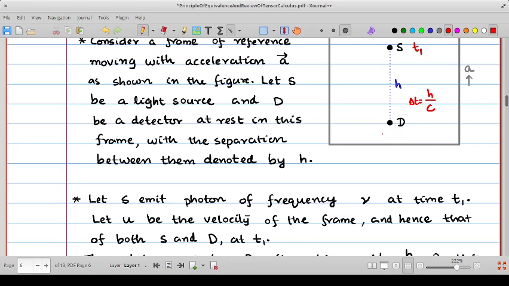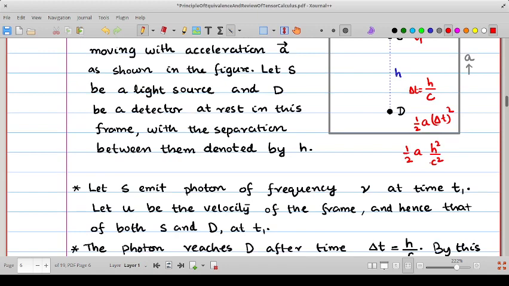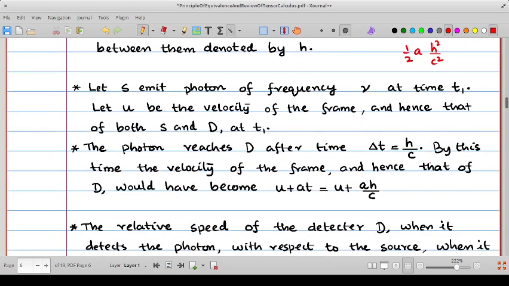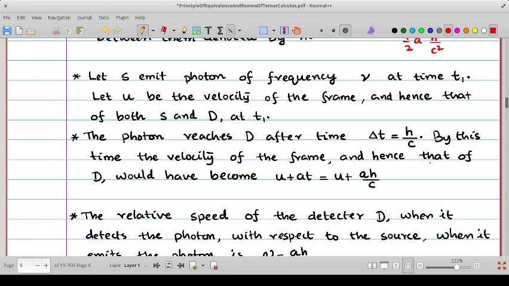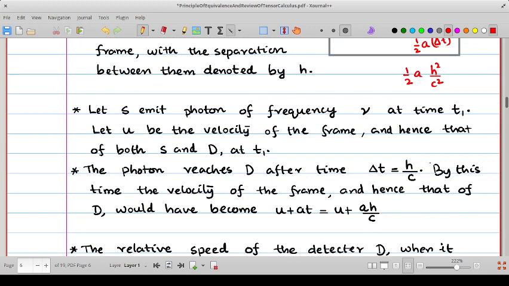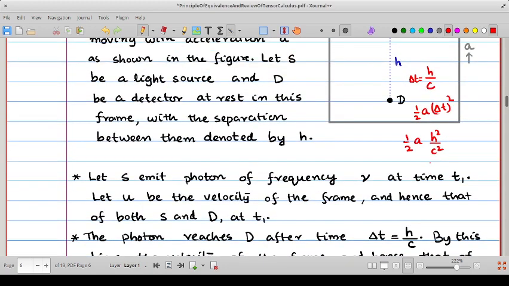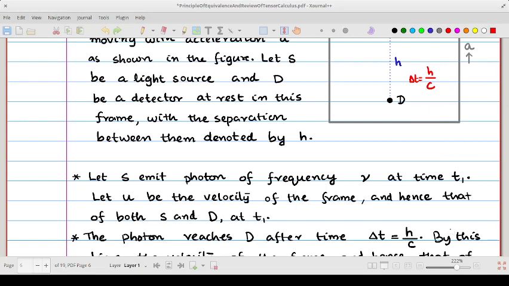The acquired velocity is simply given by half a delta t square, which is equal to half a into h square by c square. I am sorry, I made a mistake over here.